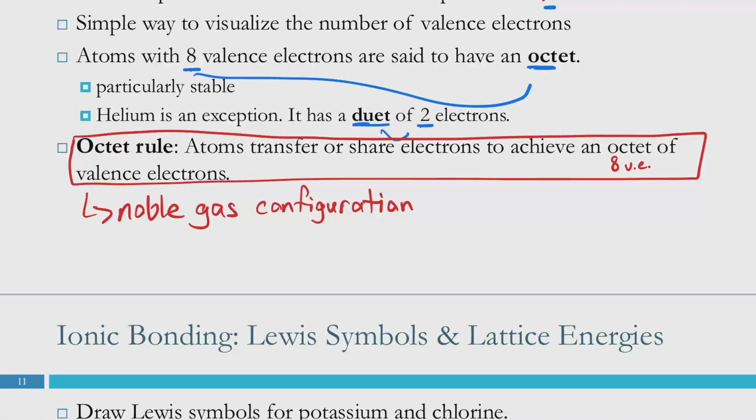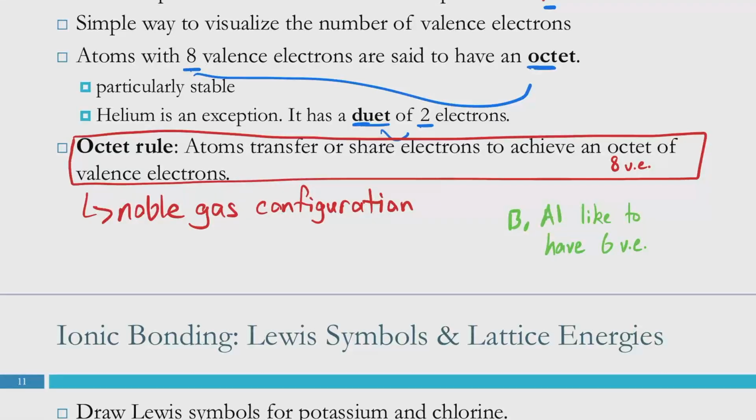Questions so far? Most of this should be review for Chem 20. Question: is there any other exceptions? There's lots of exceptions. One of the other exceptions, I might talk about it later. I don't remember if it's in these slides. Boron and aluminum like to have 6 valence electrons.